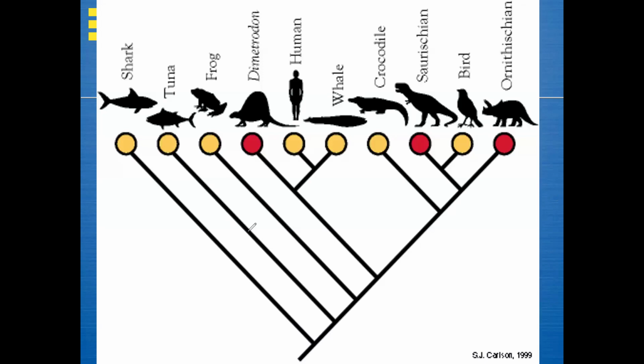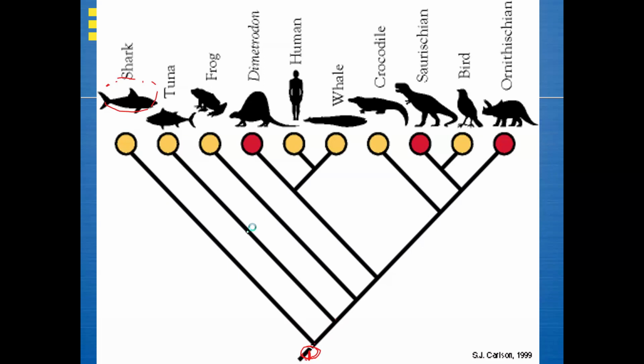So you see, this is actually the descent. This is the origin, started from here. If you look at it clearly, you can see that from these organisms, first we have shark, and then we have tuna. We have frog, we have human, whale, we have crocodile. So you see, they all come from one single ancestor. But the time shark came differs from the time tuna came.